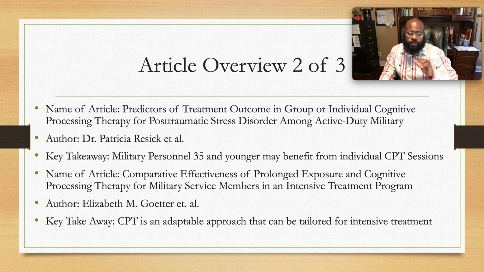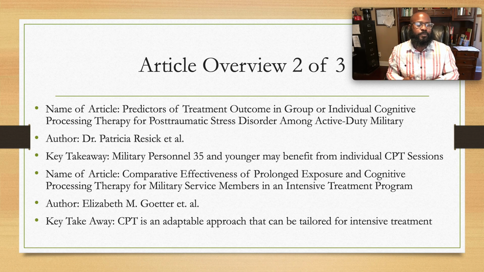So there are two articles on here. The first article is Predictors of Treatment Outcome in Group or Individual Processing Therapy for Post-Traumatic Stress Disorder Among Active Duty Military. And I don't know why, y'all, but all these articles that I found had extremely long names.